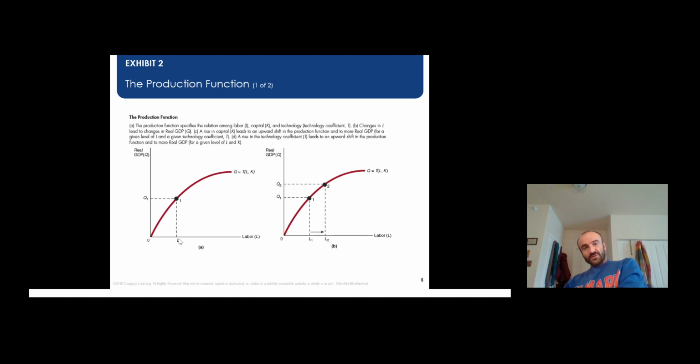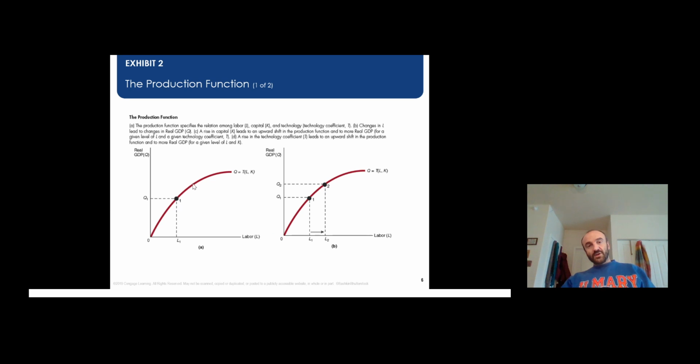So now, obviously, if the quantity of labor changes, if we go from L1 to L2, if we increase the number of workers, or if we convince the existing workers to work longer hours, obviously the quantity of output will increase. We will go from one point to another on the relationship between the quantity of labor and the quantity of output produced.